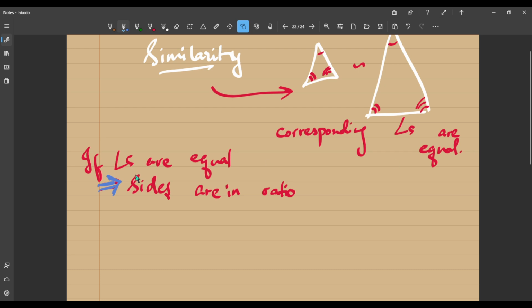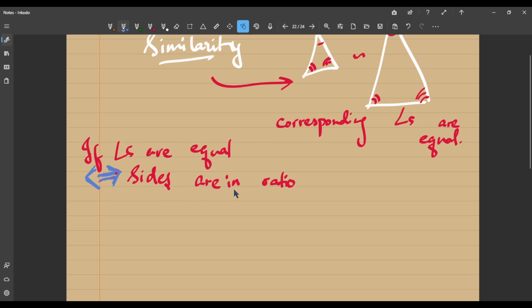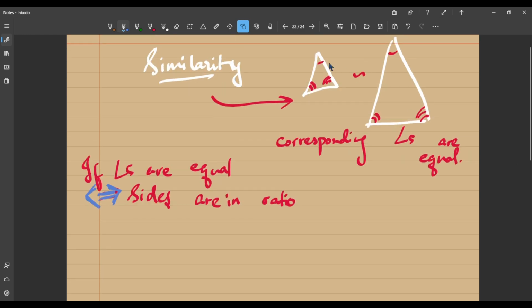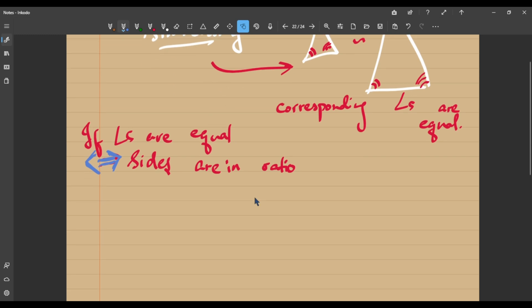And we also took some effort to prove the implication the other way around, or to prove the converse of the statement, that if sides are in ratio to begin with. Let me draw a new triangle. So say that I know that the ratio of this red length to this red length is equal to the same ratio of this brown length to this brown length.